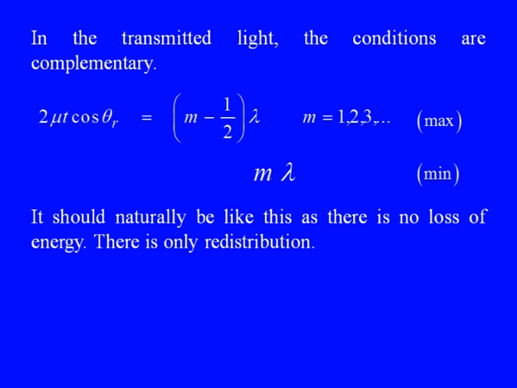It should naturally be like this, as there is no loss of energy. You see, there is only redistribution. Interference only causes a redistribution of energy and not a loss of energy.